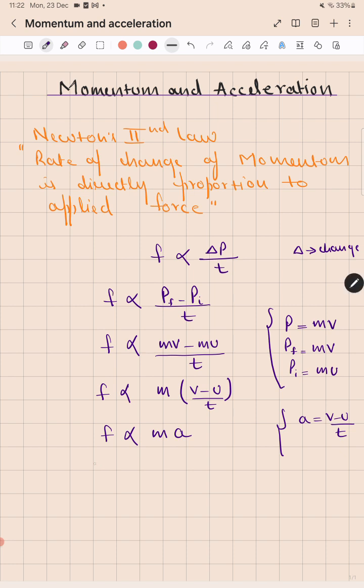So in this equation, if I remove the direct proportion and put equals to, the fixed constant is k, so F is equal to k times ma.